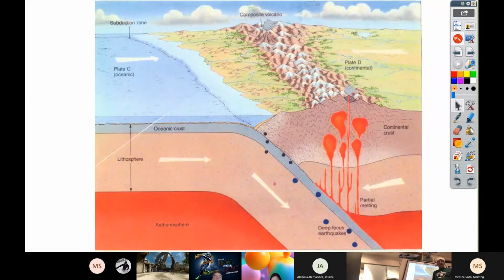Okay, so analyze this diagram for yourself for a second. Let's start with this. Can you find the rising magma, the freshly formed magma, rising up through the continent? Hopefully you see that on the right. Can you see the deep sea trench?